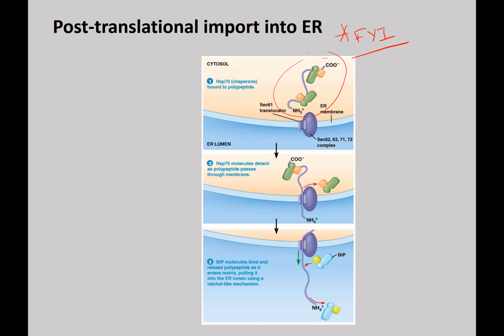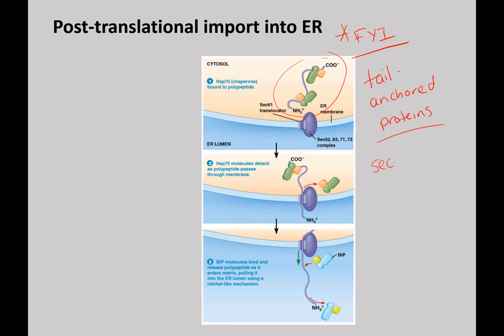And the examples for this are primarily tail-anchored proteins. Right, so remember in your homework you were working with a lipid anchored protein. Okay. So if it just has its tail anchored, it may be translated in the cytosol and then imported into the ER.